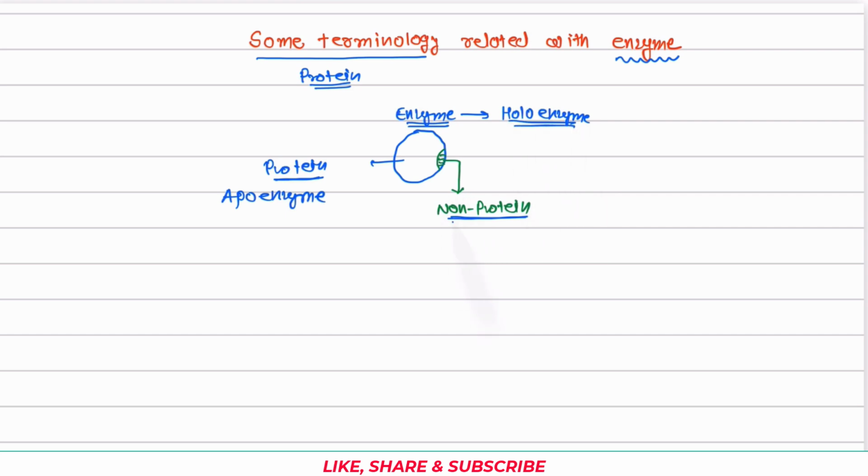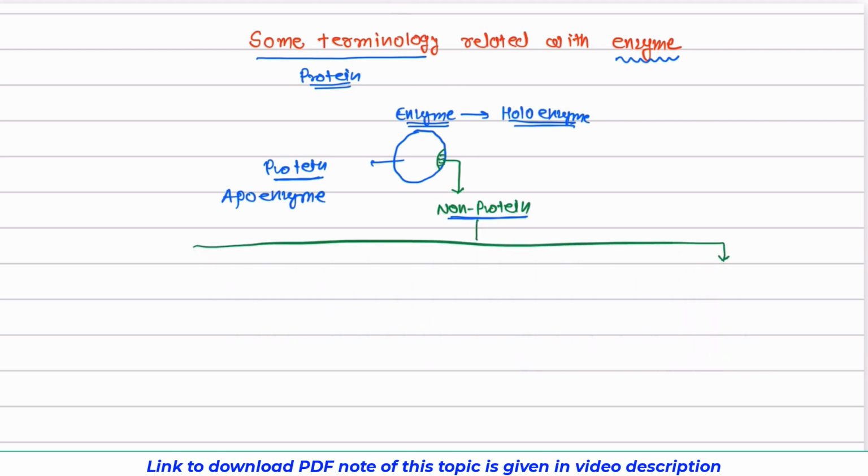Now, let's focus on this non-protein part. Depending on its chemical nature, it is divided into two parts. This non-protein part can be a metal ion, or it can be a small organic molecule.